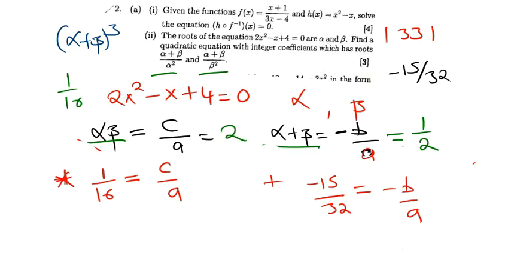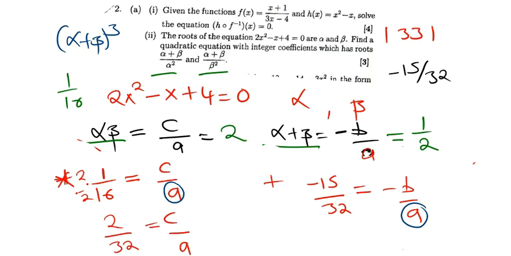So every time, before you try to find a, b, c, you're supposed to ensure that a is actually common. So for us to make 16 over 32, multiply both the numerator and the denominator by 2, right? So you end up with 2 over 32 is equal to c over a.